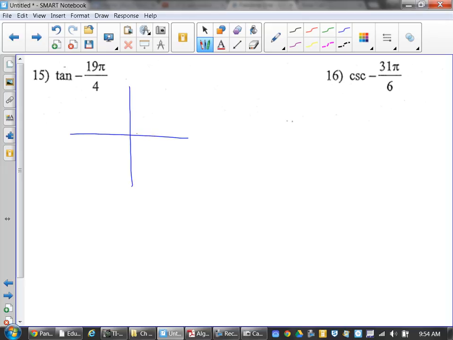We're going the other direction, so 1 little, 2 little, 3 little pi, 4 little. Now you have to go 3/4 of the way after the half, because I'm looking at 3/4 of a pi, so I should get to the third quadrant. Okay?